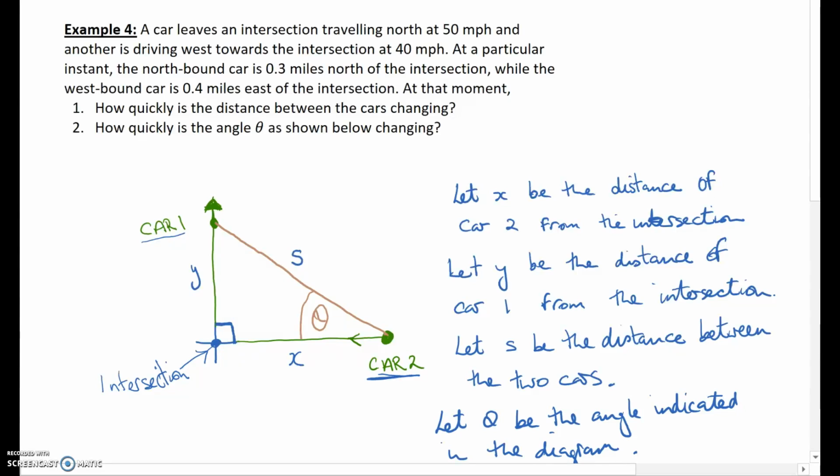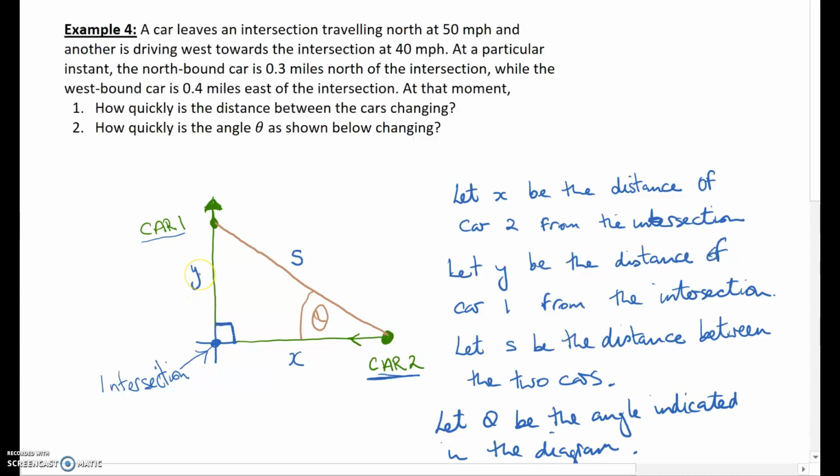So a car leaves an intersection traveling north at 50 miles per hour. So in other words, this car 1 is traveling north away from the intersection. In other words, its distance from the intersection is increasing at a speed of 50 miles per hour. Now, that seems fairly innocuous, but it's actually a big statement, because for the first time, maybe this year, we've said that speed, the speed of this car traveling north, is actually now a rate of change of distance.